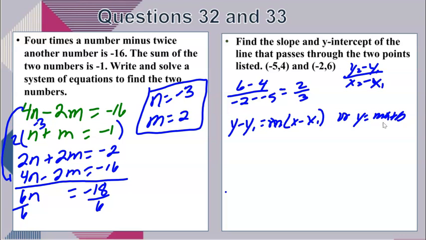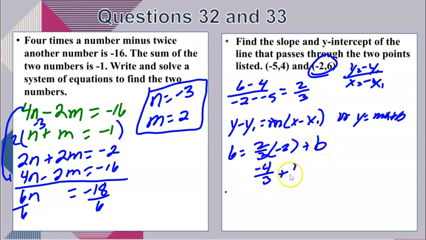Now to find the y-intercept, I just need to choose an x and y. I'm going to choose this point here. So when y is 6, my slope is 2/3, and my x is negative 2, I need to find the b. This will give us negative 4/3 plus b equals 6.